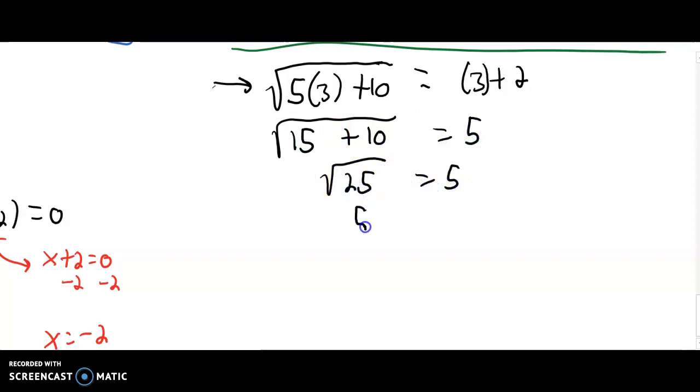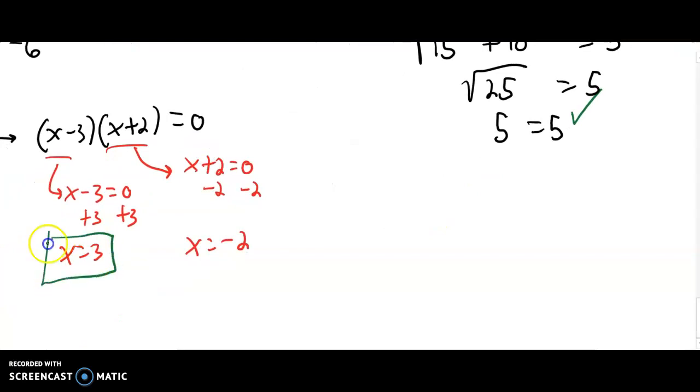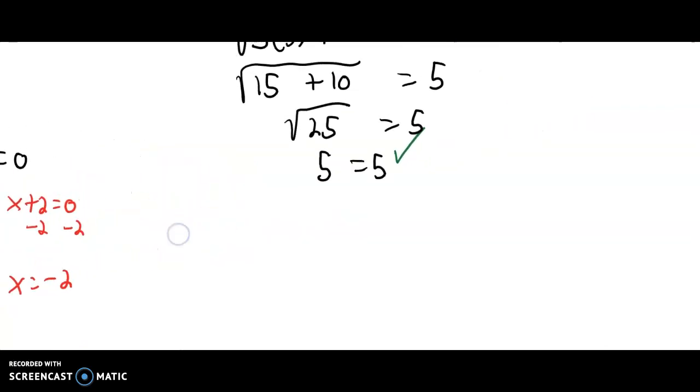The square root of 25 is 5. 5 equals 5 is a true statement, so we keep 3. Remember, it's possible that both solutions work, only one solution works, or it's also possible that none of them work, so you always need to test both.